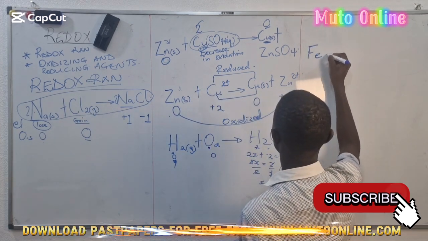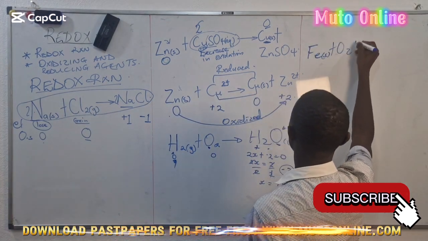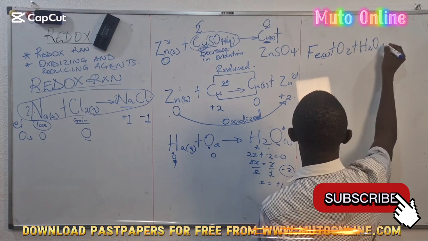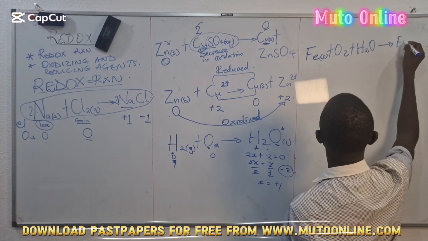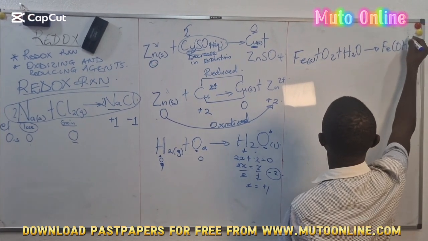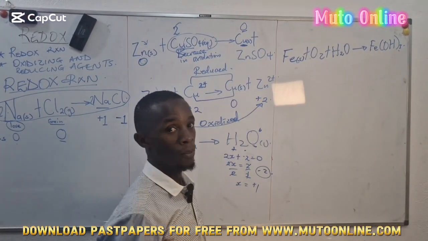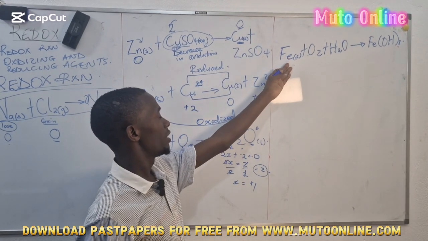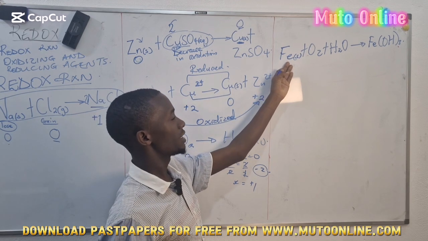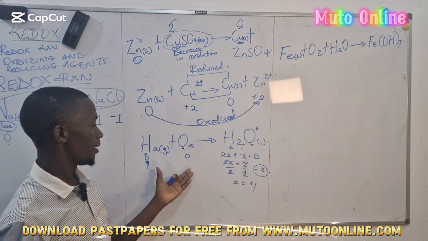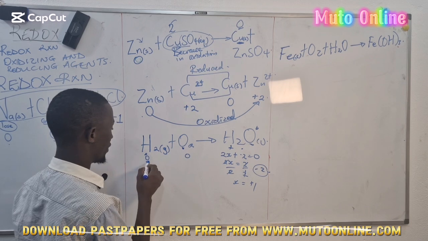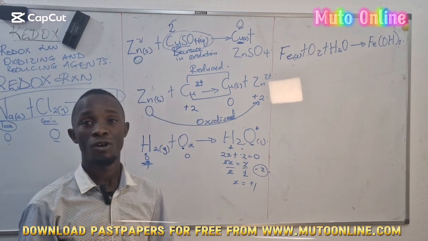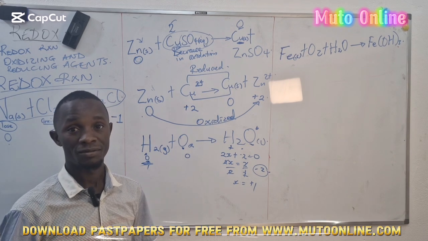We can talk of the process of rusting, where iron is reacted with moist air. We can still explain oxidation in this case in terms of oxidation states and in terms of addition or removal of hydrogen or oxygen.